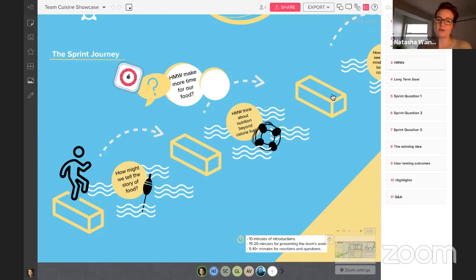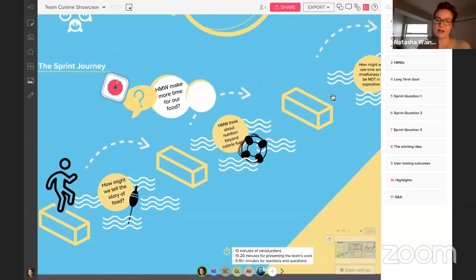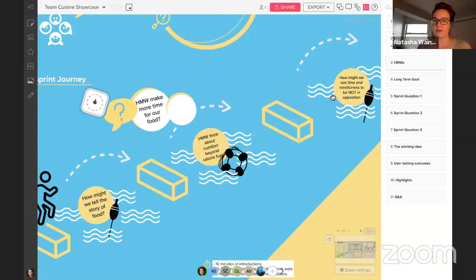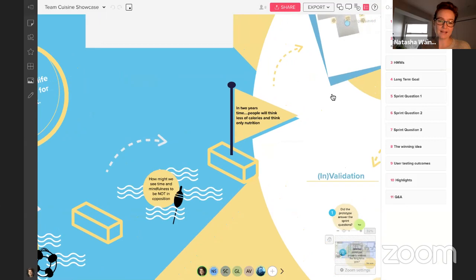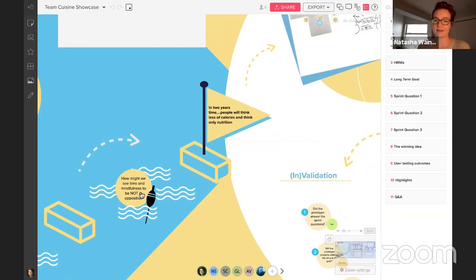We also thought about nutrition, and how it's really important, but it's not just about calories or fuel. And the other how might we was, how might we see time and mindfulness to not be in opposition? People have a lot of tasks in their life, and we didn't want this to be yet another thing to do to create more pressure.